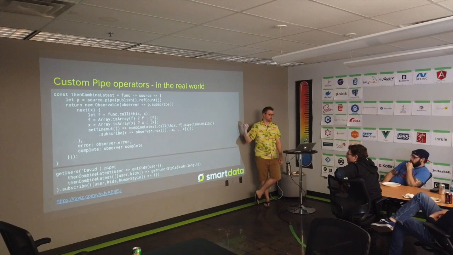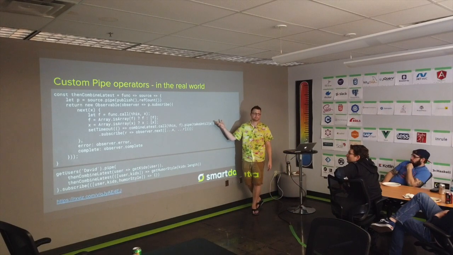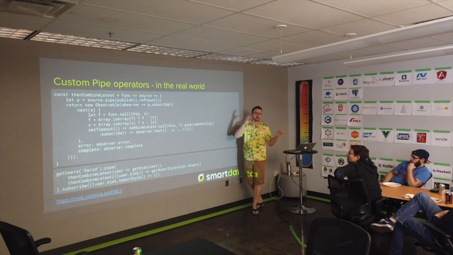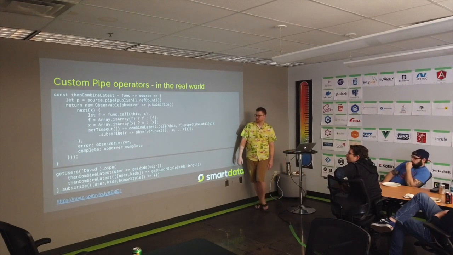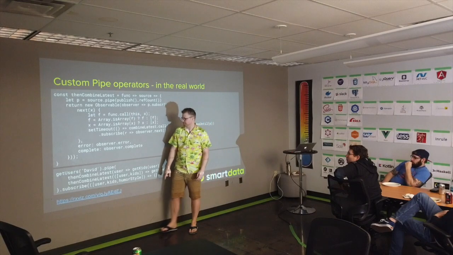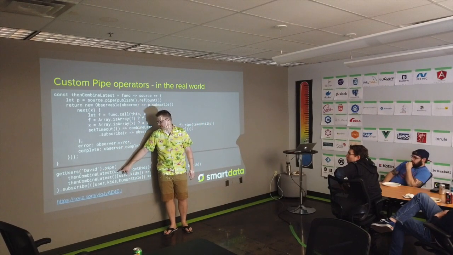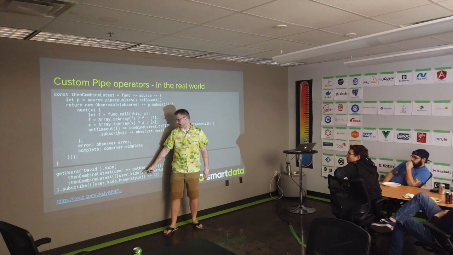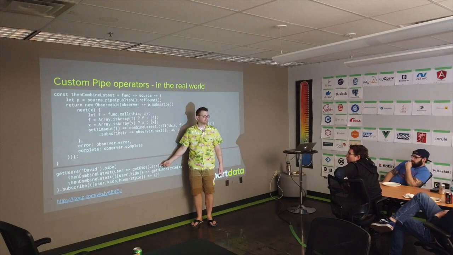So this operator I wrote, thenCombineLatest, is an operator you put in a pipe that combines whatever internal observable you pass with the outside observable and passes both of them through as an array. If you can see down here in my little example, I have a getUsers David, which will return an observable. It's going to pipe it to thenCombineLatest, and I'm going to get the user, and I'm going to get the number of kids I have.